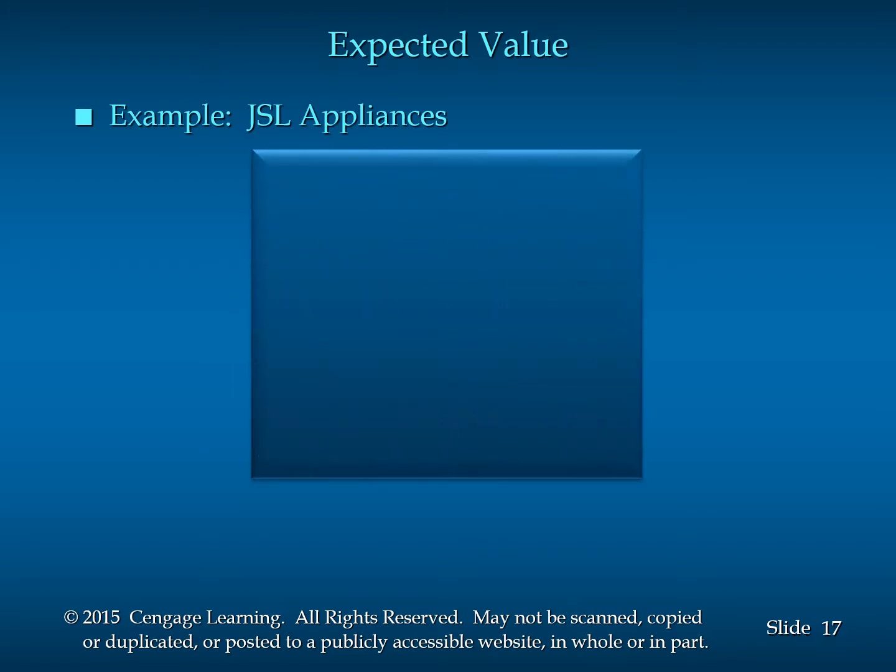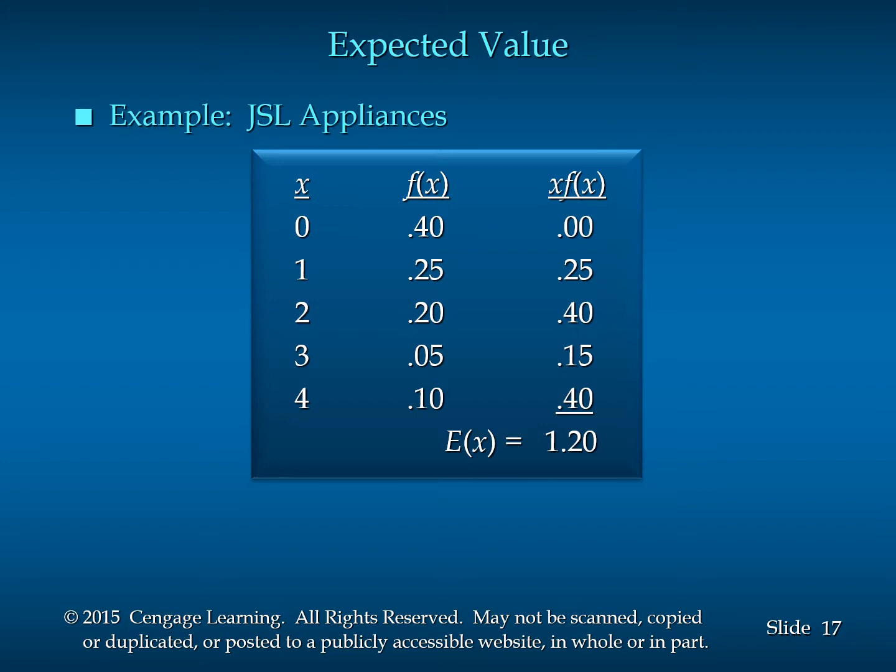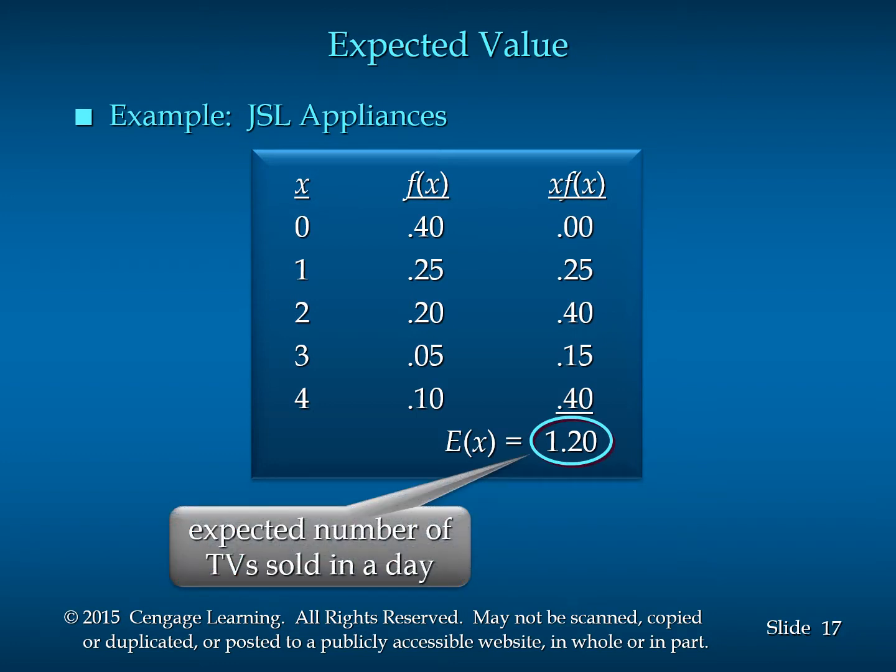As with many of the calculations for distributions in the coming chapters, we can approach completing the arguments of the formula using a table. In this case, we multiply each x by its probability f of x and sum that column, which gives us the expected value or the mean.